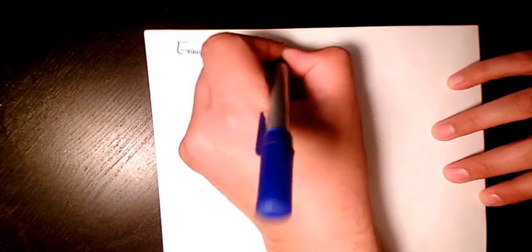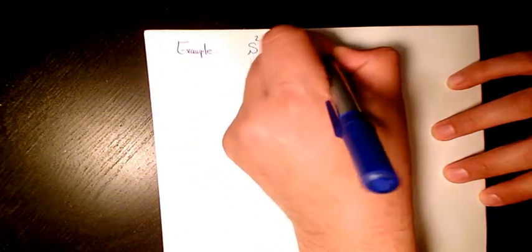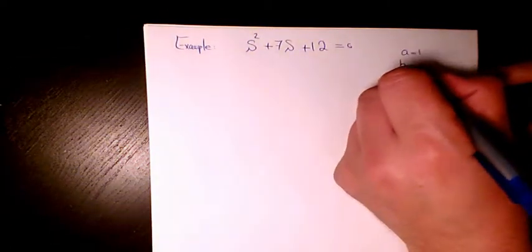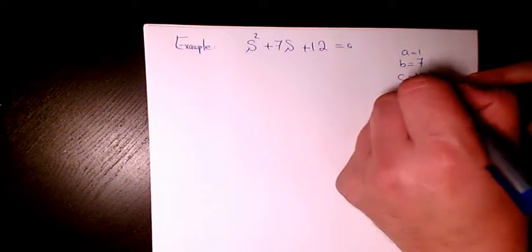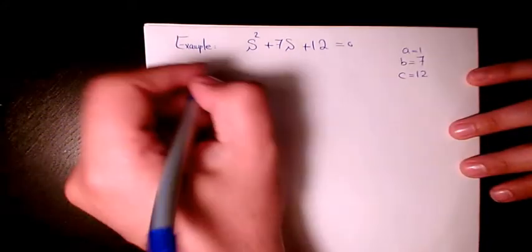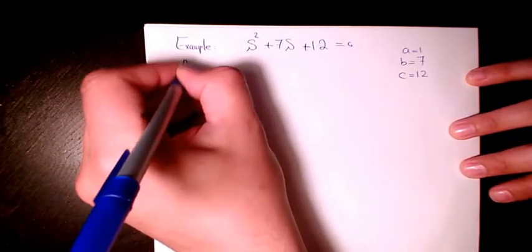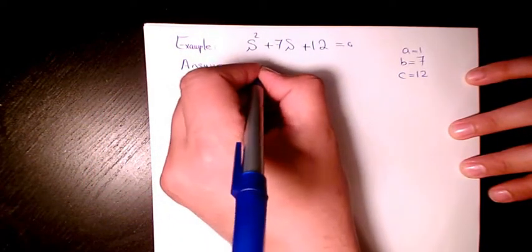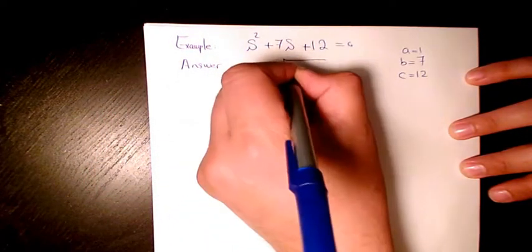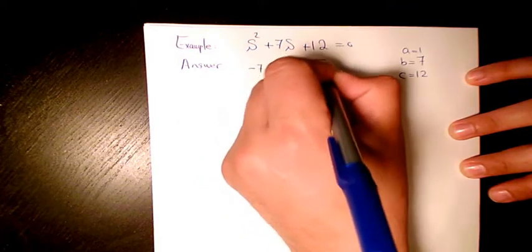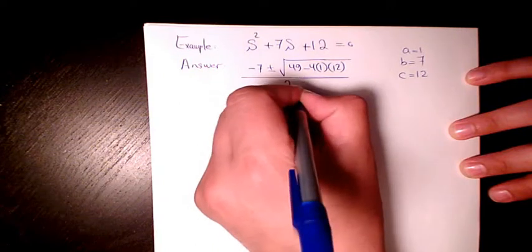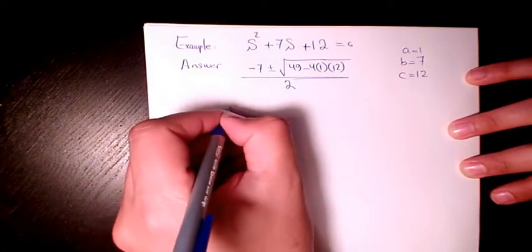We have s squared plus 7s plus 12 equals 0. A is 1, b is 7, c is 12. So then we have the answer: negative b plus minus square root of b squared, 49, minus 4 times 1 times c, divided by 2 times a, which is 2 times 1, and it is 2.